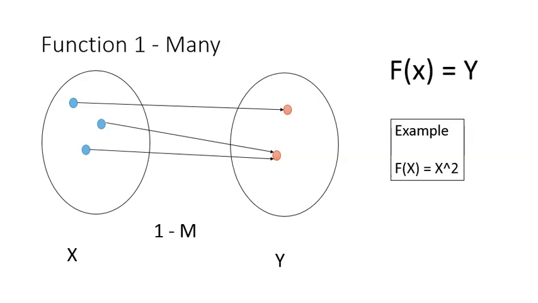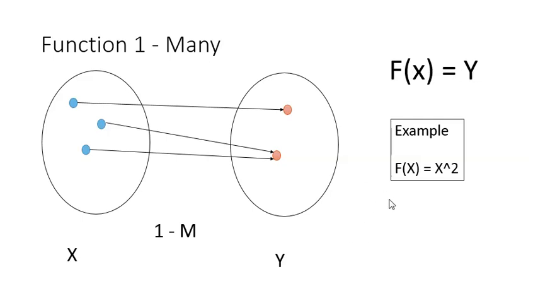The first function type is what we call a one to many function, and this is where it is still a function because each element in my Venn diagram, my set X, is mapping onto exactly one element in my output set Y. And we often write this as f of x equals y, or y equals some expression.